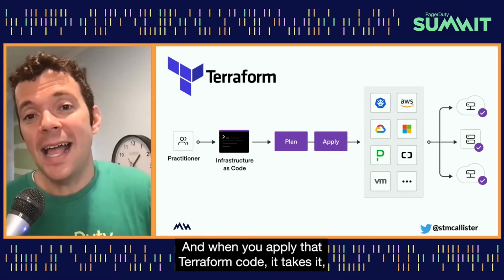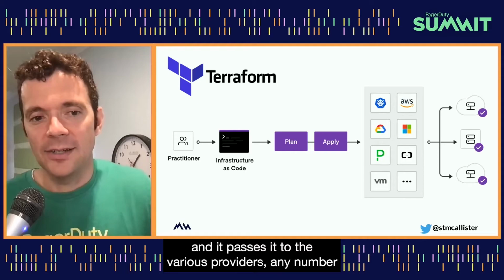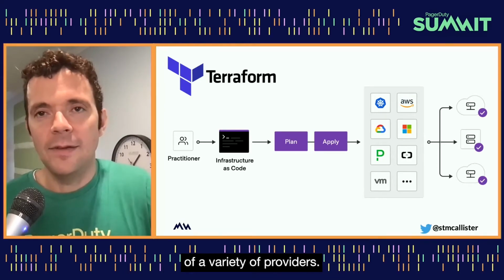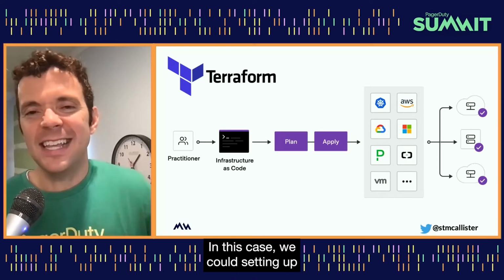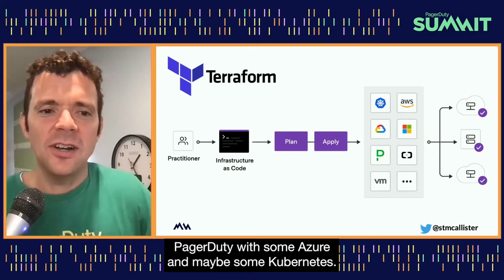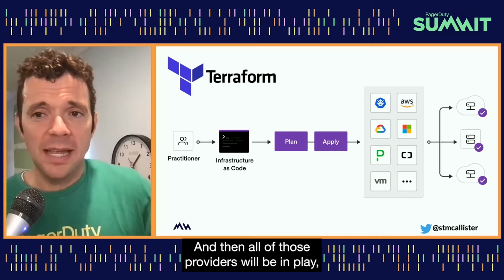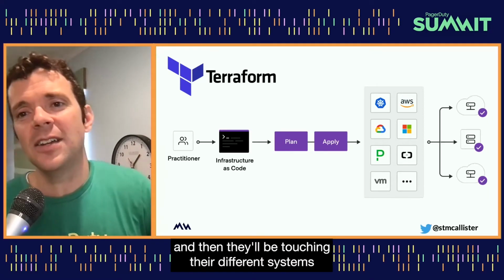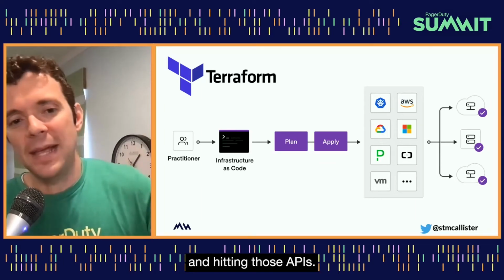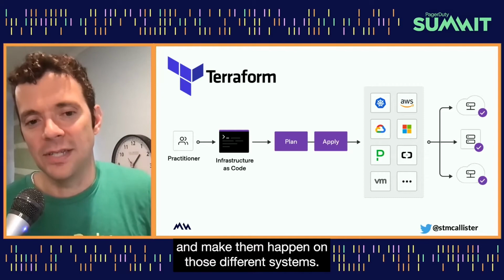When you apply that Terraform code, it passes it to the various providers, any variety of providers. In this case, we could be setting up PagerDuty with some Azure and maybe some Kubernetes. All of those providers will be in play, touching their different systems and hitting those APIs. That way we can actually take those settings and make them happen on those different systems.